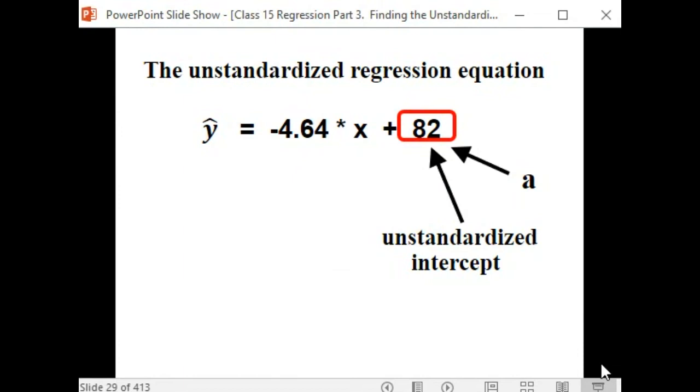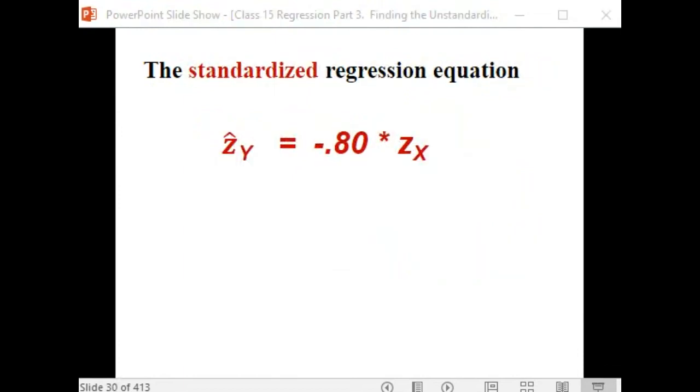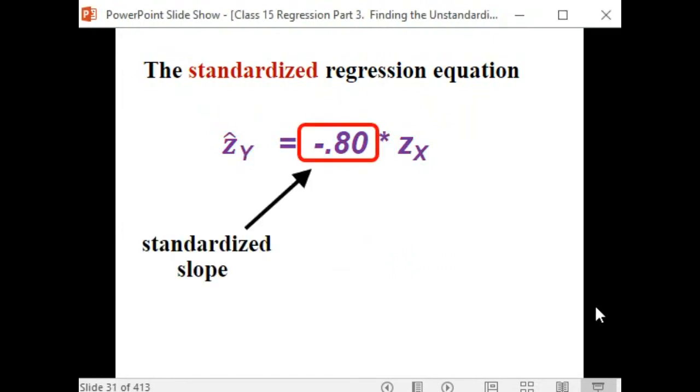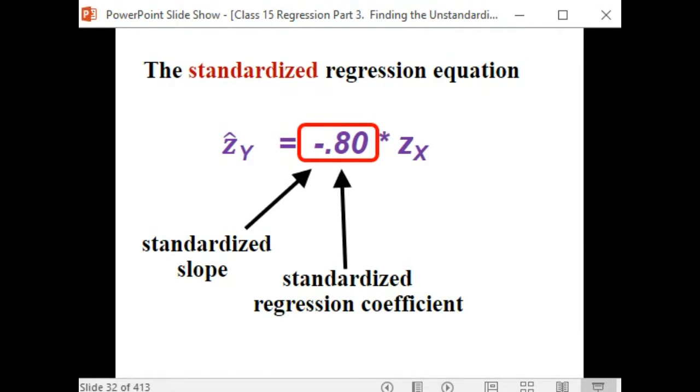Next, we talked about the terminology for the standardized regression equation. The number that is multiplied times the z of x is called the standardized slope, and it's also called the standardized regression coefficient.